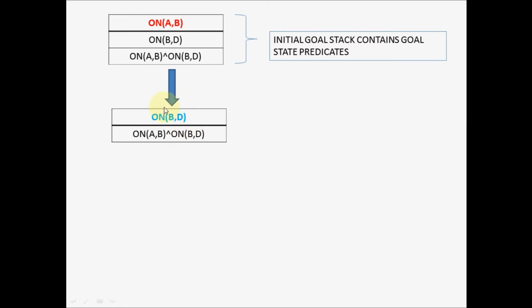If the topmost predicate on the stack is not true with respect to the current world or current state, then we have to check the set of actions or operators which are defined, and find out which action or operator results in, meaning its add list contains, on(B,D) or on(something, something) as one of the predicates.